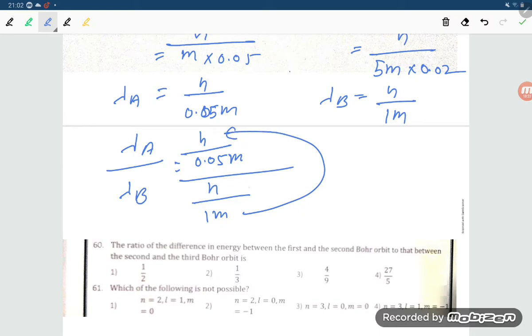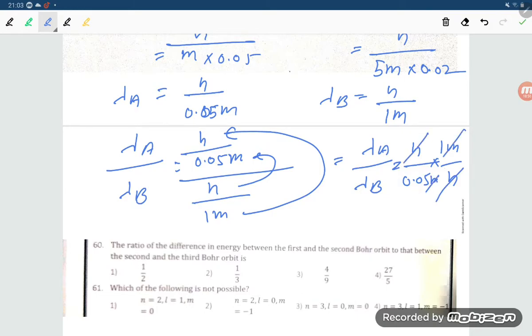This will simplify, and the h cancels out, and the m cancels out.